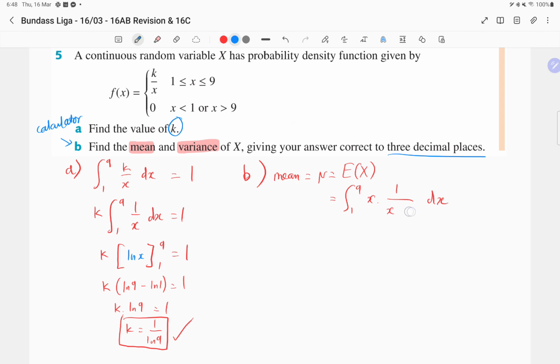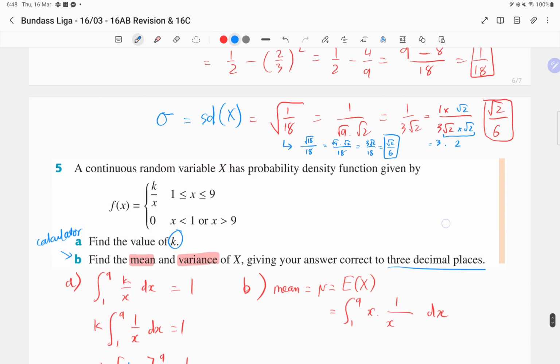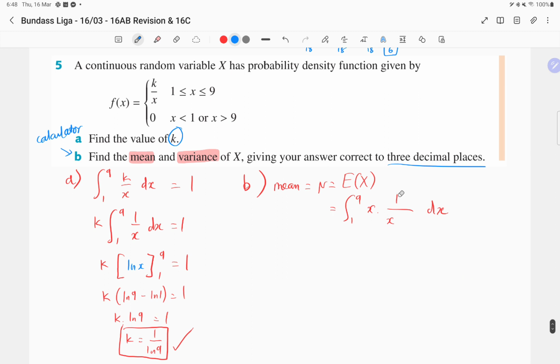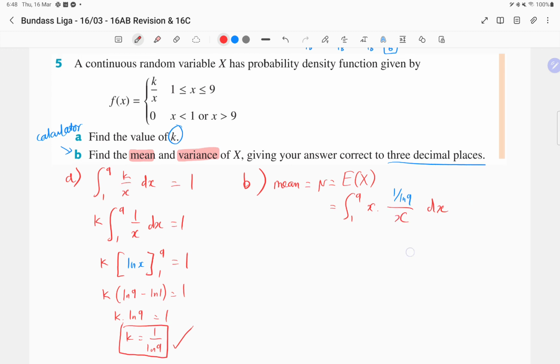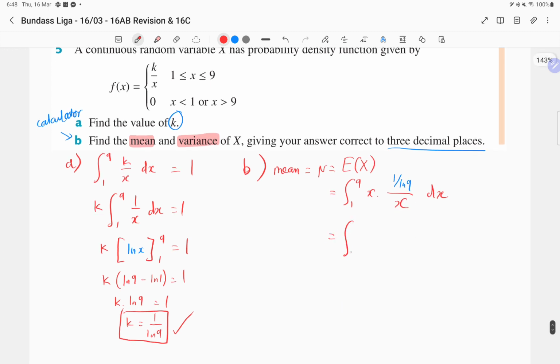I have a feeling you guys will have a question on this. When k is 1 over ln 9, how did I get to that other point? It's k over x, right? How did I get to the other point? Well, x times, bring this to the side as a separate factor, right? So that'll just be 1 over ln 9 times by 1 over x.